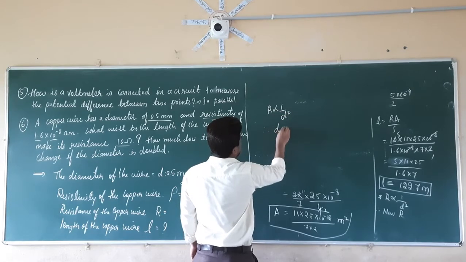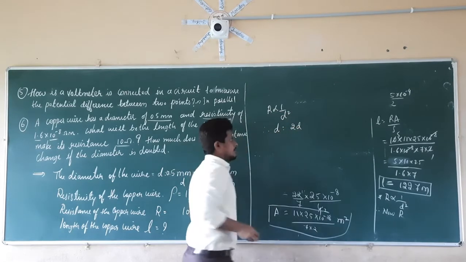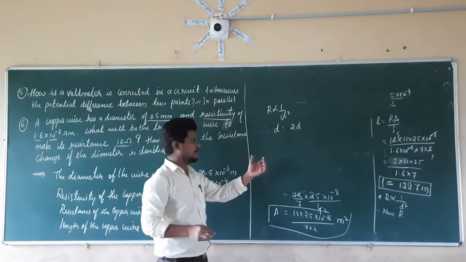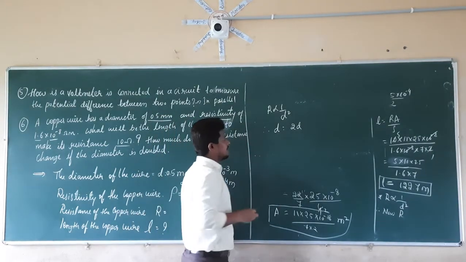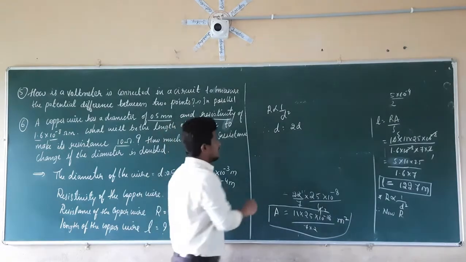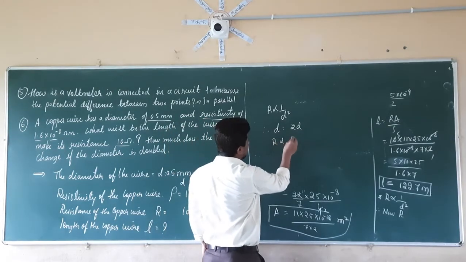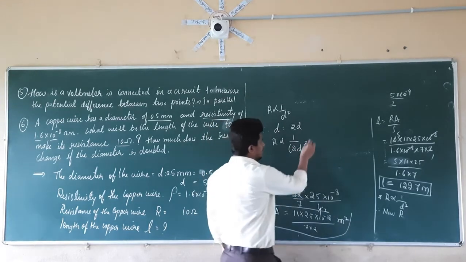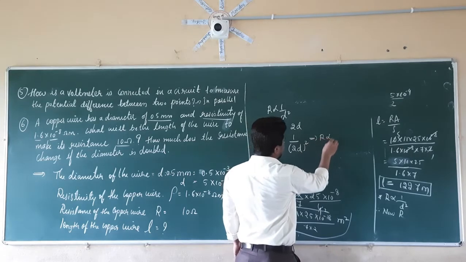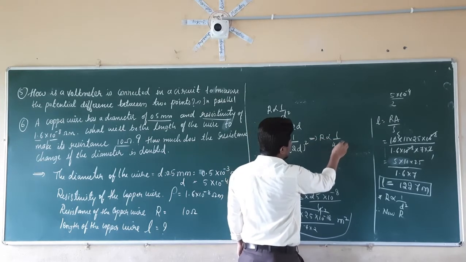Since the new d is 2d, it is doubling. So the new diameter is double the diameter of the original. So what will happen? If R is inversely proportional to the square of the diameter, then R is inversely proportional to 1 divided by, when I put the value of d here, 2d square, which is 1 divided by 4d square.